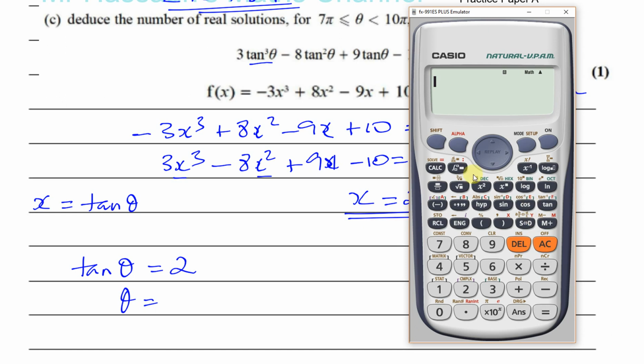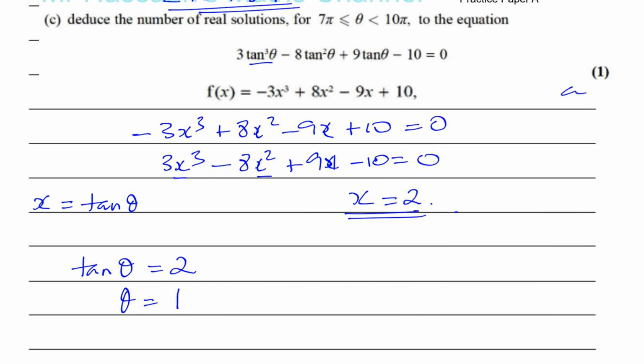Okay, so I'm going to store it as A. So that's 1.1071. Now that is not in the right range.